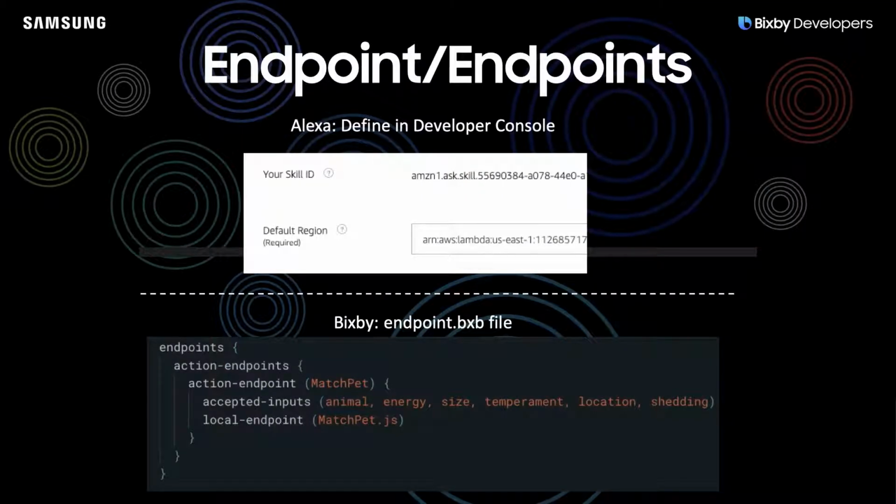Endpoint and endpoints. Wow, almost the exact same terminology. Little bit different, but in Alexa, an endpoint, you're defining and saying, hey, here is my Lambda function that will match up with my model that I've created. On the Bixby side, same thing, there's an endpoints file. So for the action match pet, these are the accepted inputs, and it's going to go to matchpet.js.